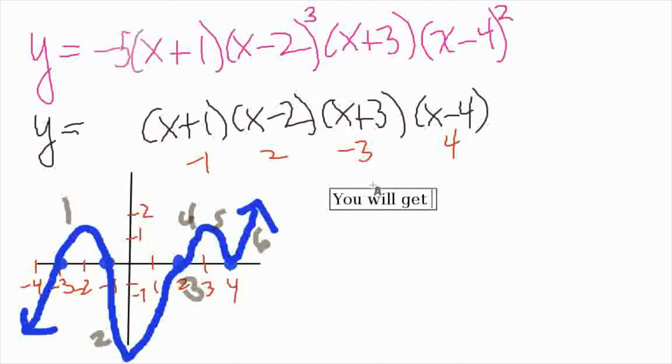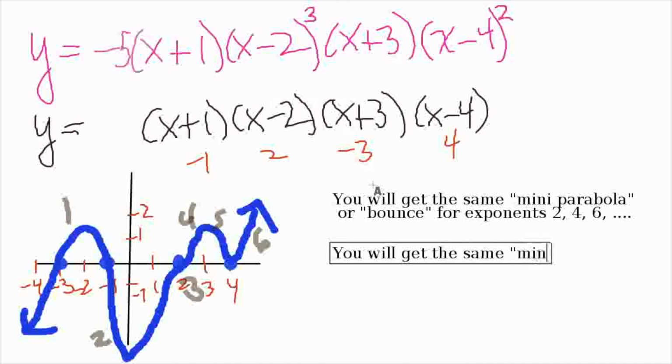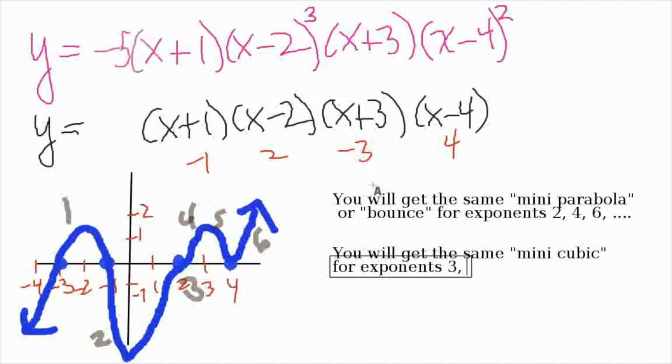You will get the same mini parabola or bounce, whatever you want to call it, for exponents 2, 4, 6. They're all going to give that same effect. You will get the same mini cubic for exponents 3, 5, 7, on and on.